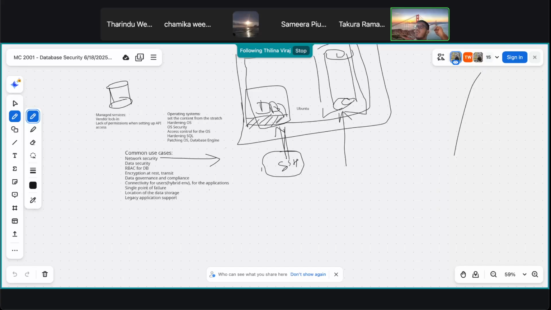Because whatever you do here will be done within the host, which means if you call the database a user within this server, you will be calling him a local user, right? Got the point? So you are calling it a local user within the server, within his environment.